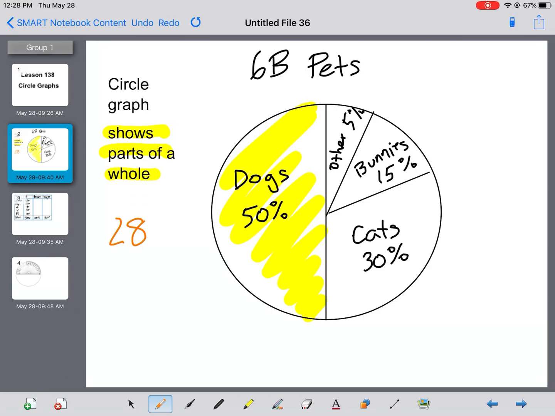So the total is 28 people, which means that only 14 people would have dogs based on this chart. So 14 would be the same as 50% of the students. Okay, so we're going to have to do some number conversions to be able to create a circle graph, because odds are your group of people that you have surveyed is not going to be an even 100 people.